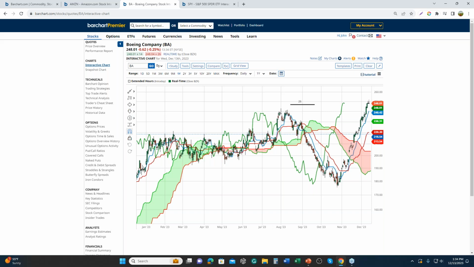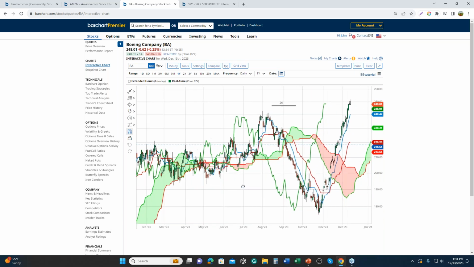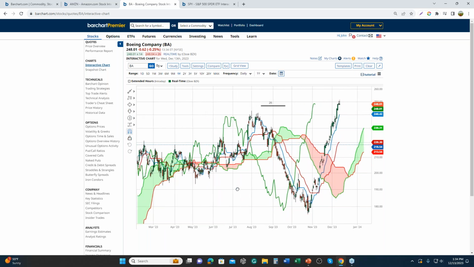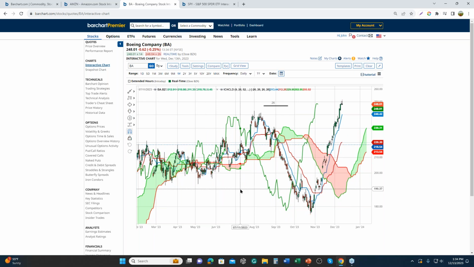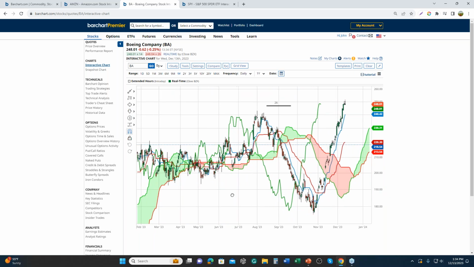But the future cloud, remember, is 26 spaces. So when you turn the study on, we automatically create that displacement in the chart. You just have to left click and drag over to find the future cloud. So that is something that you need to be aware of. Otherwise, you will be looking at just the current cloud and not that future cloud.